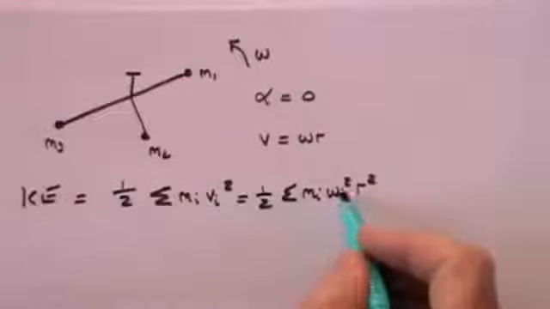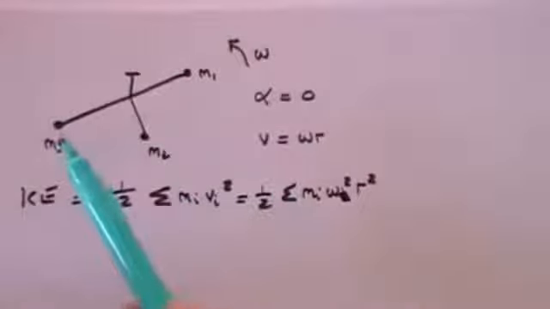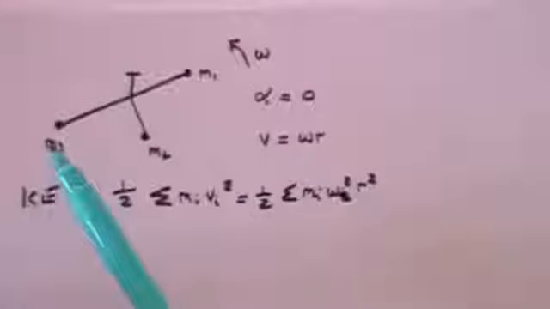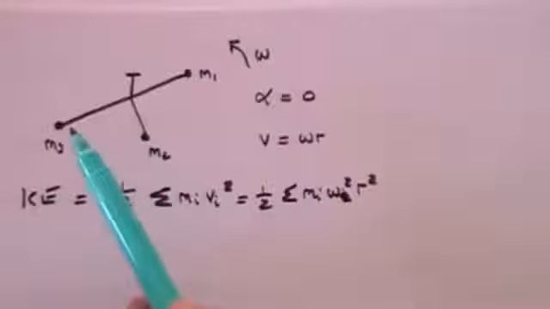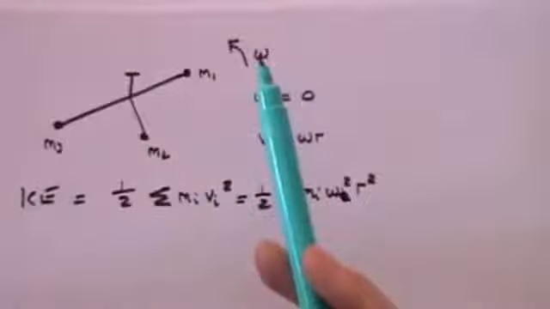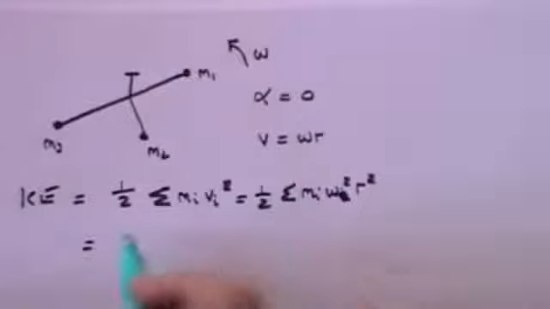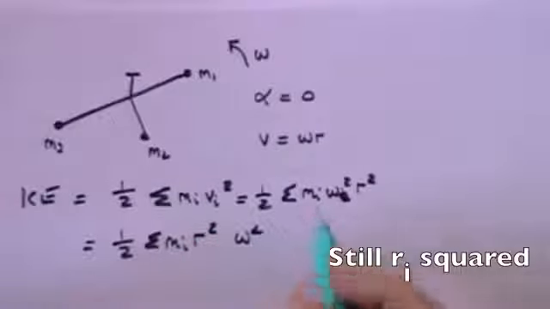I can remove the i from the omega because all these masses will rotate with the same angular velocity. They won't have the same rotational velocity because that depends on how far away they are from the origin. But they all go round with the same angular velocity omega. And that therefore gives us that the kinetic energy is, I'm simply going to rewrite this term in a different way, sigma mi ri squared times omega squared.